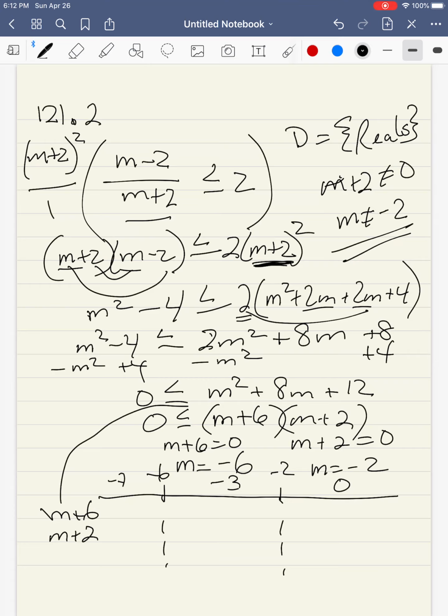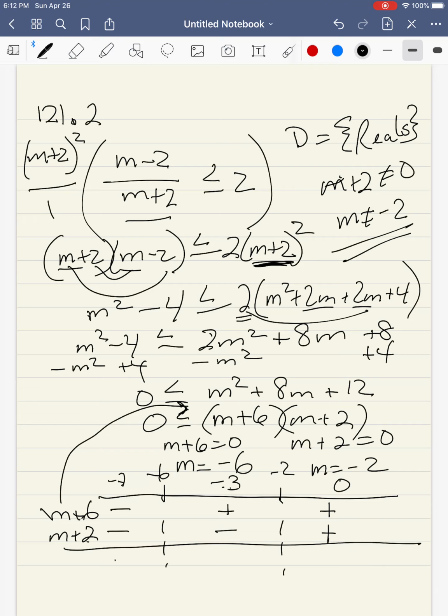Plug your numbers in. Negative 7 plus 6 would be negative. Negative 7 plus 2 is negative. Negative 3 plus 6 is positive. Negative 3 plus 2 is negative. 0 plus 6 is positive. And 0 plus 2 is positive. All right, right here it tells us to multiply these.